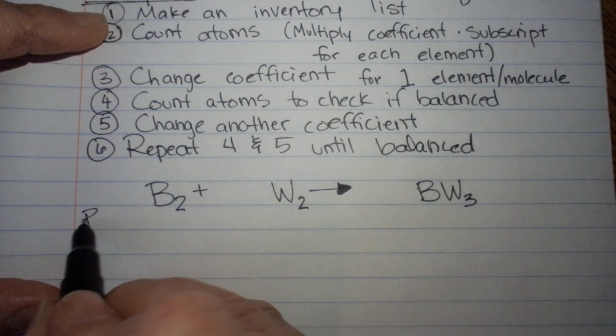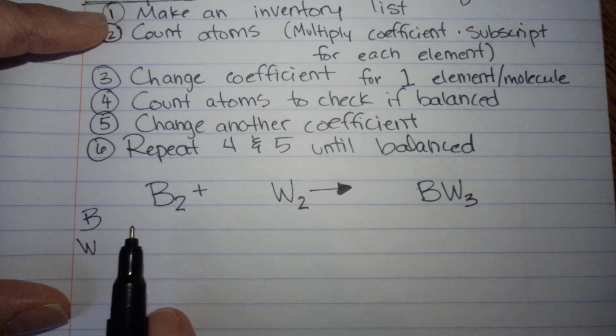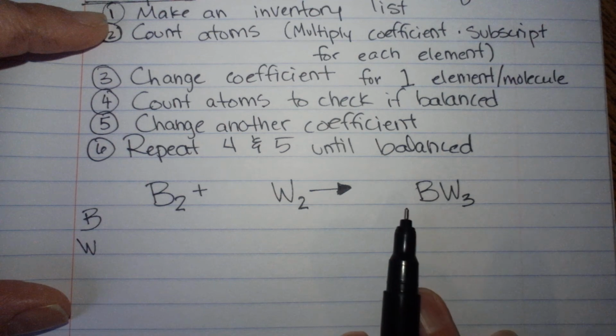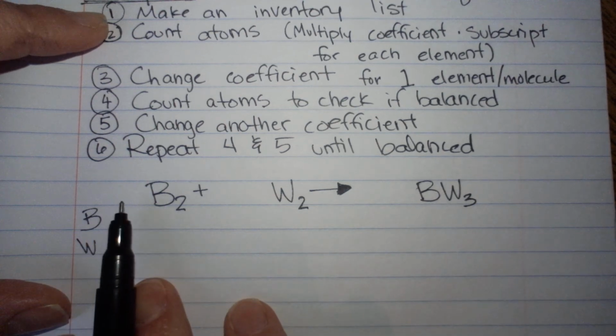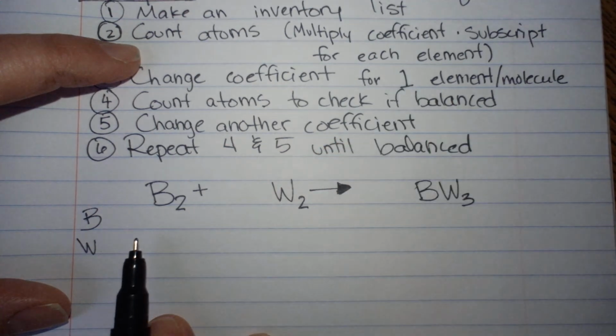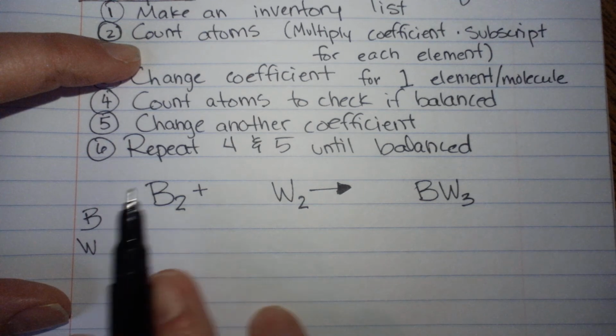I have B's, and I have W's, and then I need to say how many do I have in the reactants, and how many do I have in the products? Well, in the reactants, I'm gonna count the atoms, multiply the coefficient times the subscript. Well, there isn't any coefficients yet, so I am just gonna see the subscript.